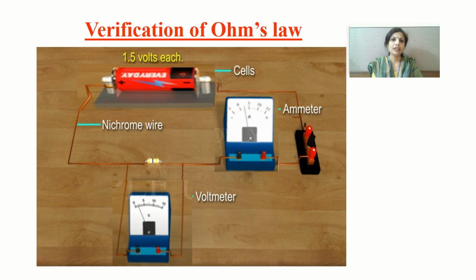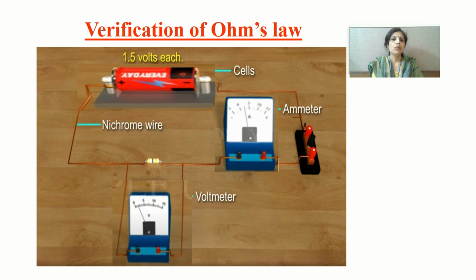Now when you plug in the key and there is one cell connected in the circuit, the pointer of the ammeter and the voltmeter has changed. Current has increased from 0 to a certain value and potential difference has increased from 0 to a certain value. I want all of you to have a look at the pointer whenever I tell you. So please observe this carefully.